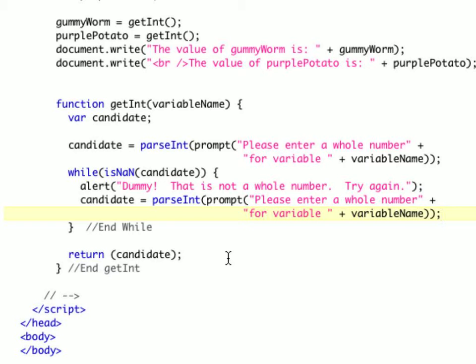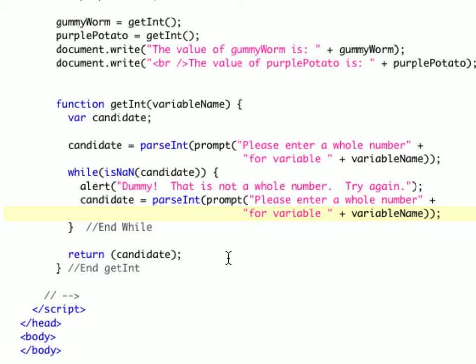All right. So where do the arguments for this function go? How do I get something into variable name? Well, I have to be able to get something into variable name.